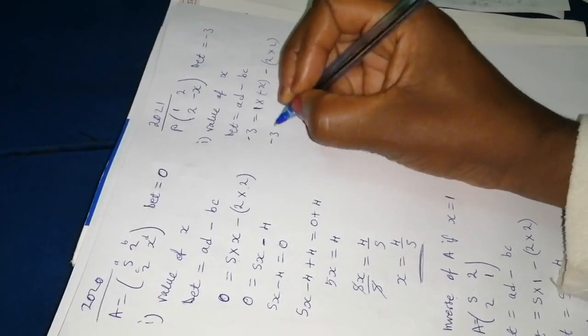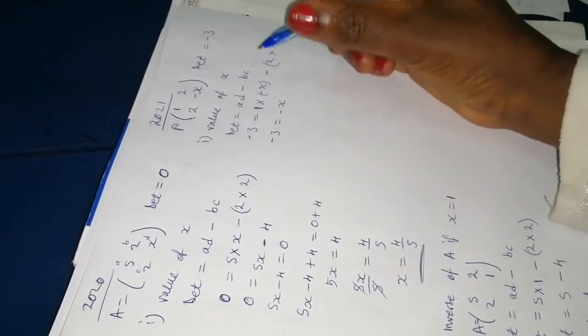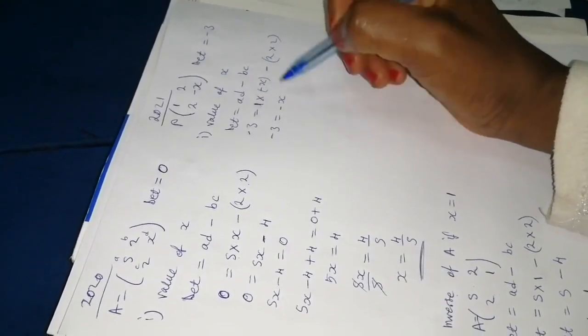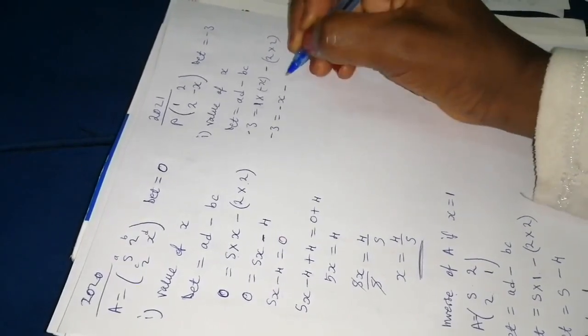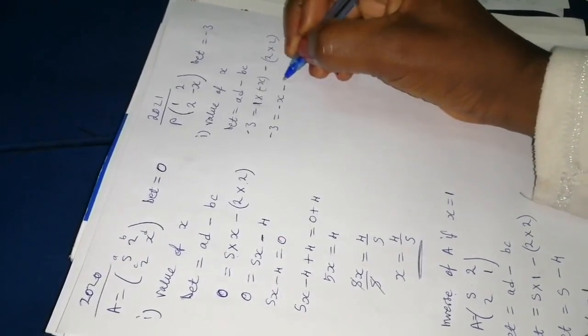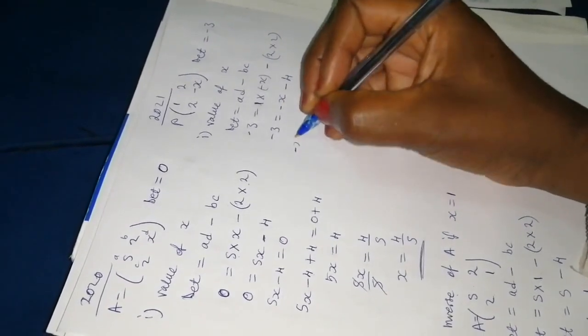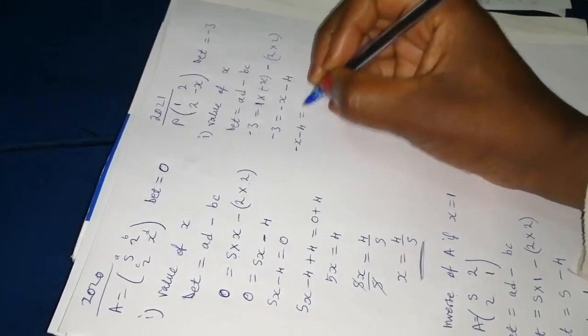We have -3 equals 1 times -x will give us -x. This is positive. Positive times negative is negative. 1 times x is x. Then 2 times 2 is 4 times that negative will have -4. I'll swap these. Have -x minus 4 equals -3.